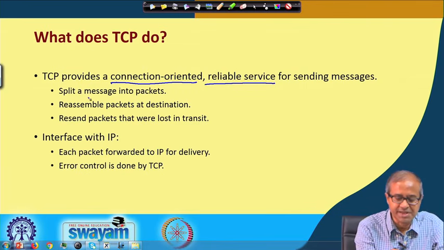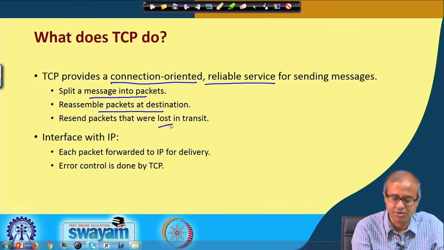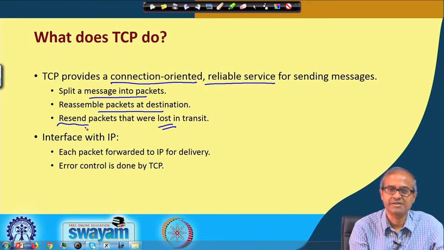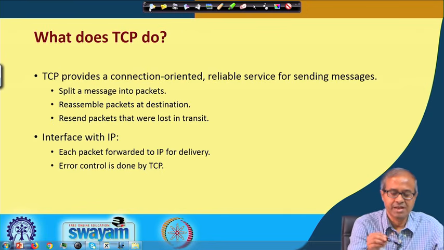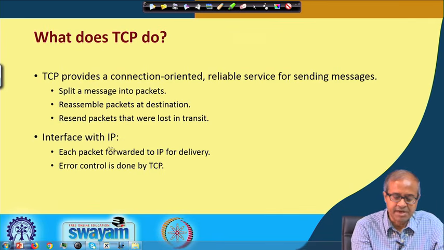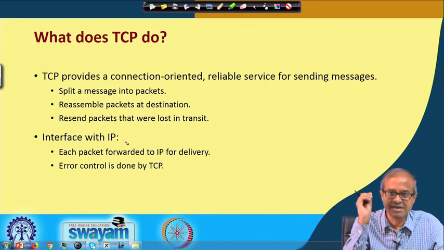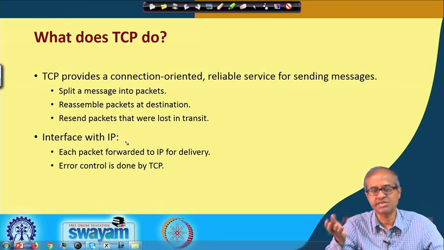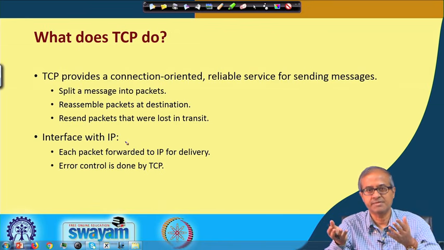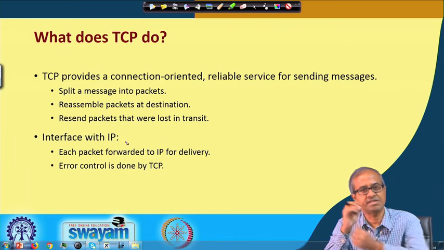So, TCP will be splitting a message into packets, reassembling the packets at destination, and if some packets were lost, as I said, it will be resending. So, all these services are done by TCP. And for actual data transmission, it interfaces with IP in the way that each packet it sends to IP for delivery, and IP will be using its own rules and its own routing tables to transmit and receive the packets.